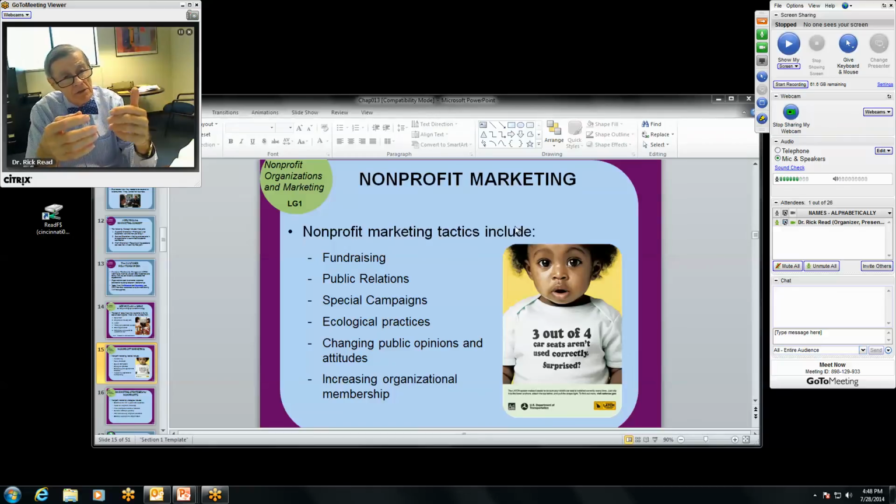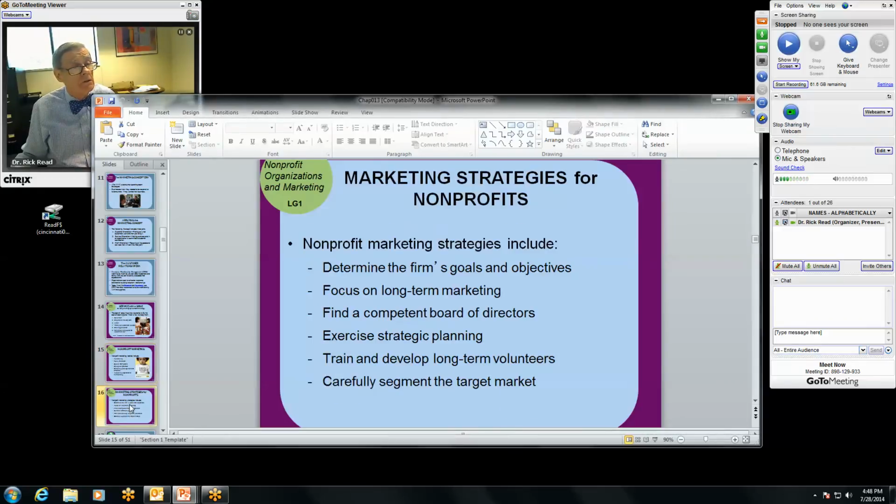So they're into those type things. Other things they want to do is change public opinion and attitudes, and then, of course, increase the membership in the organization. That's marketing. A little bit different than what the for-profit folks do, but it still has the same principles.